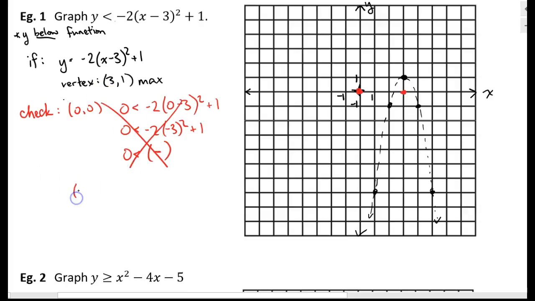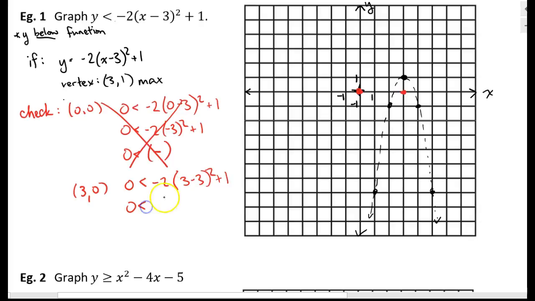So instead I'm going to check inside the parabola. So origin was outside the parabola. This next point is inside the parabola. It's 3 and 0. So still 0, but negative 2, and then (3 minus 3) squared plus 1.